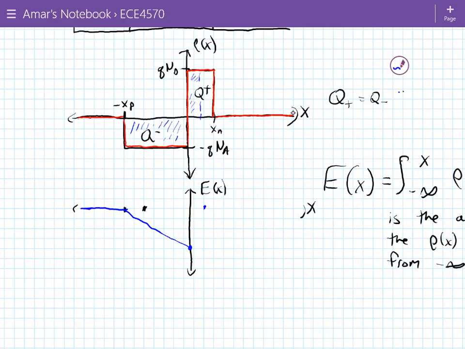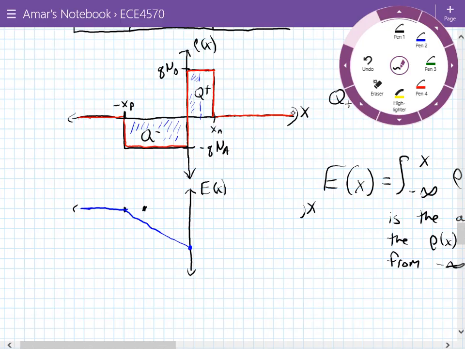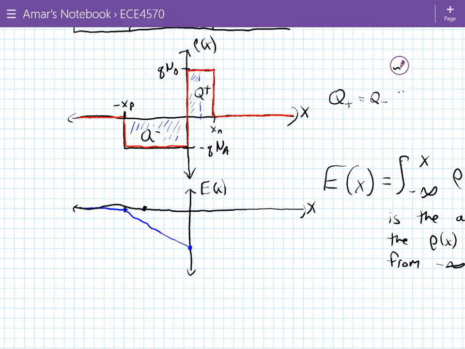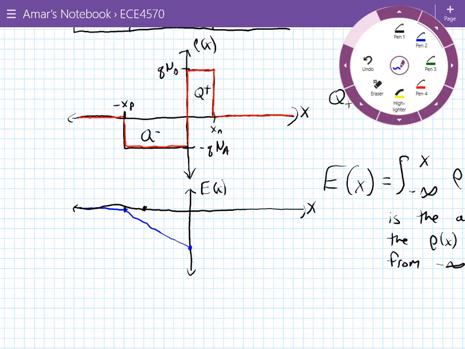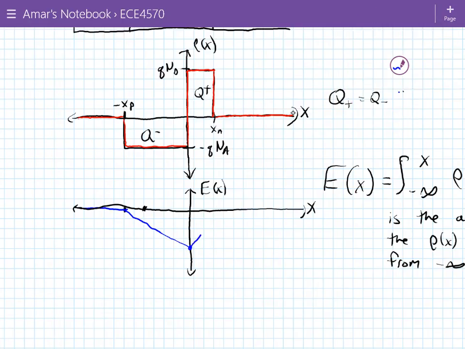Let me delete this area here. So this is going to increase until we get up to about x sub n, and at that point, it's going to just continue on at 0 like this.